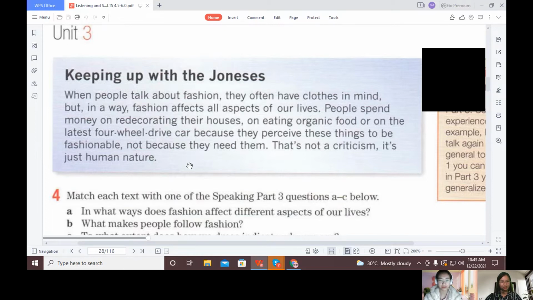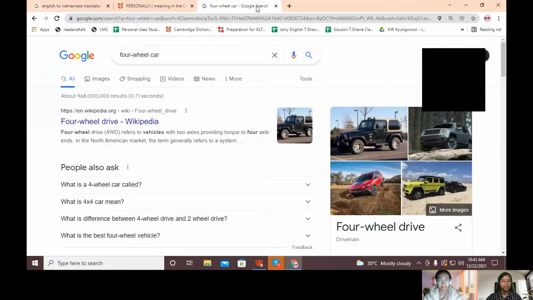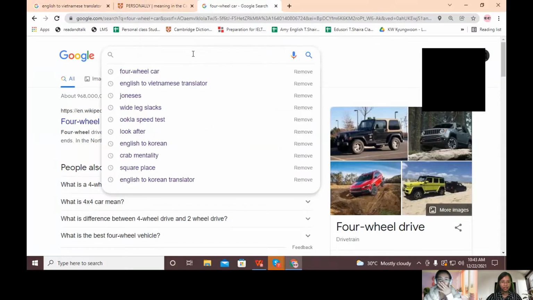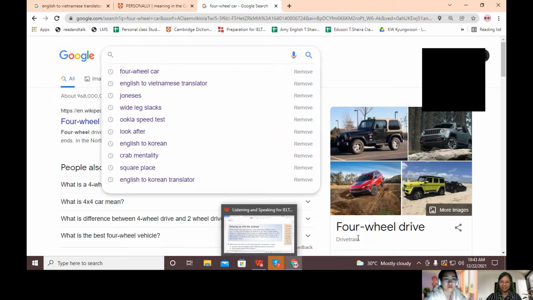Yeah, it's true because most people right now are spending their money on things that are not essential. We can just say they are spending their money on their wants, not on their needs.